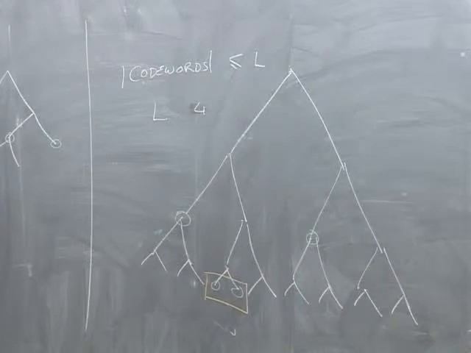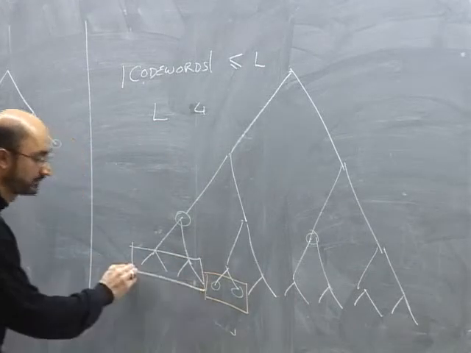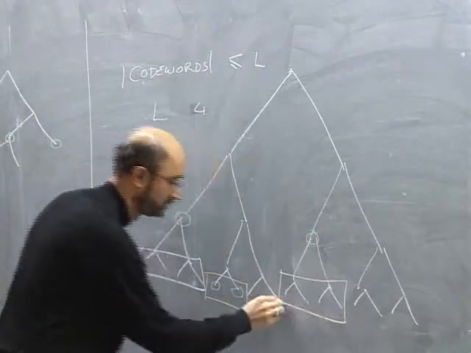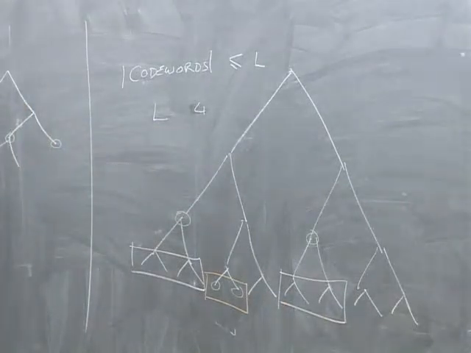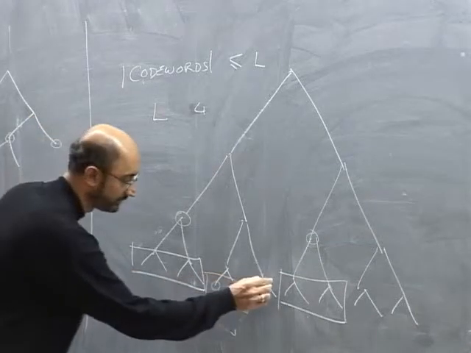There are others which are descendants of code words but are themselves not code words, which are these guys over here. And there are some which are neither descendants of code words nor code words themselves, which are these circled ones over here.